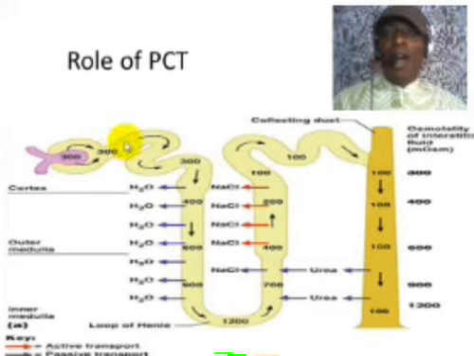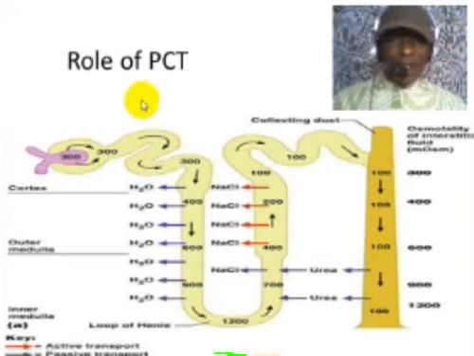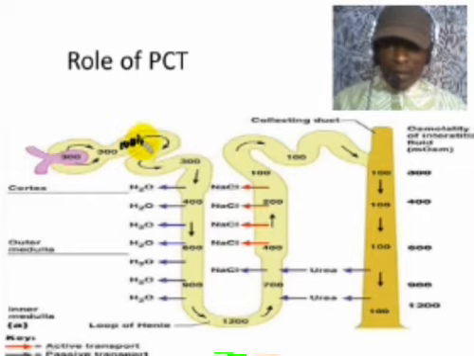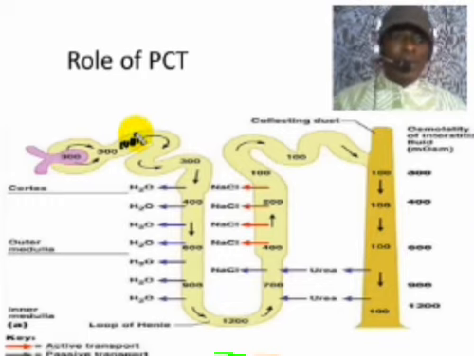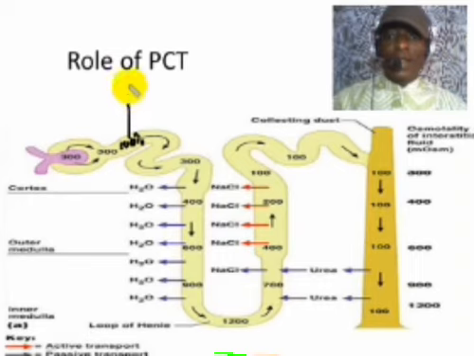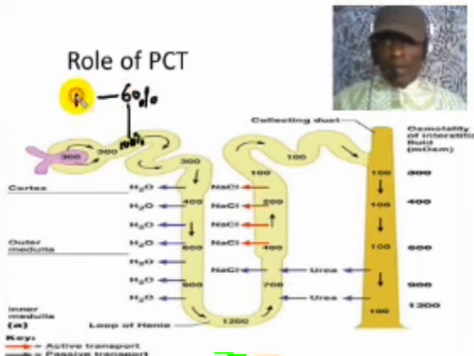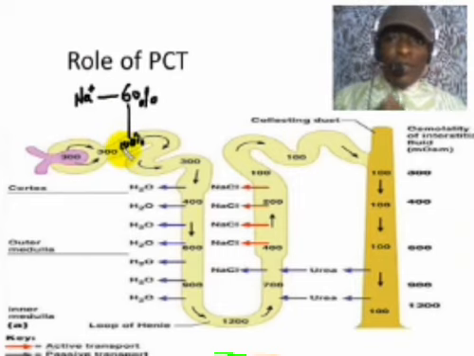Let's say, for example, there is 100% of sodium ions inside the PCT and 60% of sodium ions goes out.